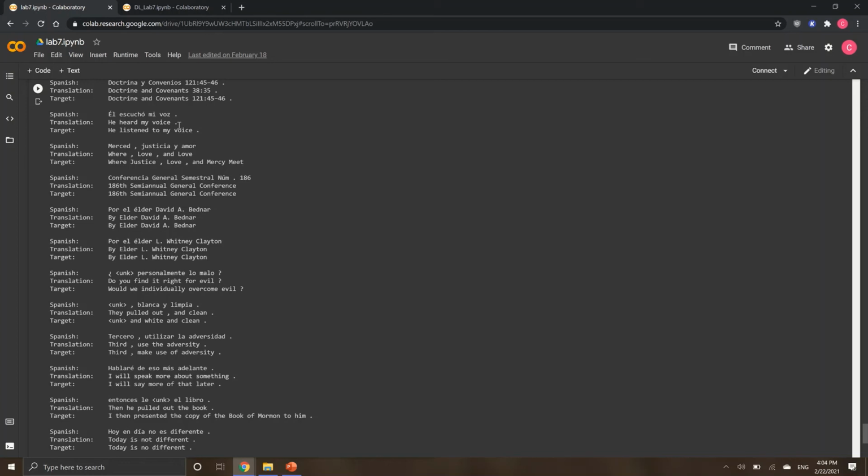Another thing to keep in mind is that the data was taken from General Conference and not created specifically as a translation data set. The data set's very noisy, so there are things that are translated differently in the two languages, and there are also sentences that may be misaligned in the data set.